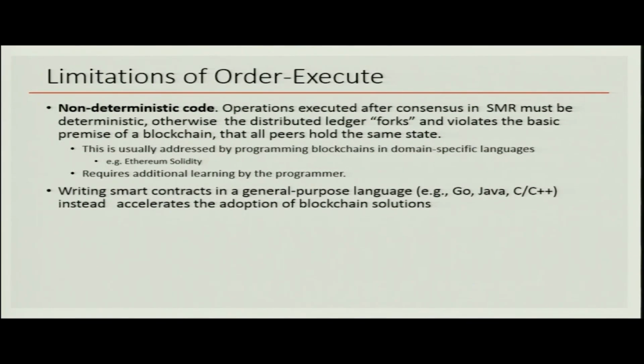Another issue, we have already hinted about that in the last session, is that you cannot have non-deterministic programs as smart contracts in Ethereum or non-determinism in Bitcoin. Non-determinism means that the same code gives you different results at different times, right.